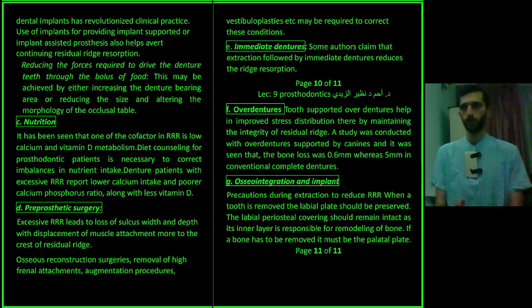A study was conducted with overdentures supported by canines, and it was seen that bone loss was 0.6 millimeter, whereas it was 5 millimeter in conventional complete dentures. G. Osseointegration and implants.